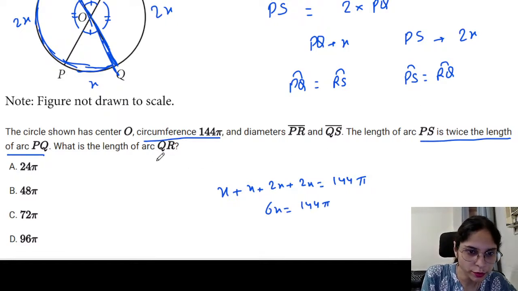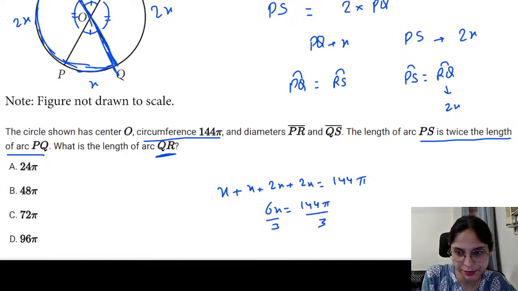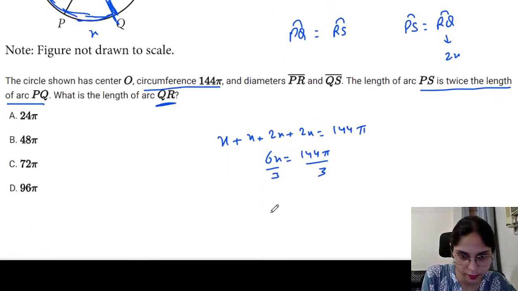And now we want QR. QR is 2x. So instead of getting x, directly get 2x: divide by 3, divide by 3. You will get 2x is equal to 48 pi. So QR is equal to 48 pi.